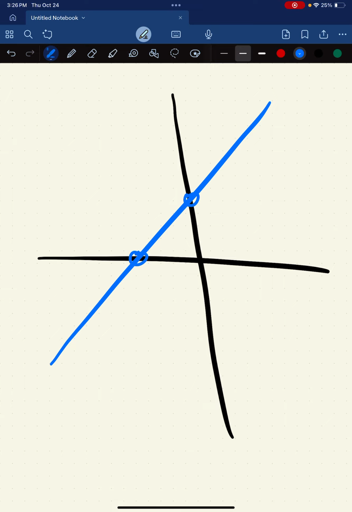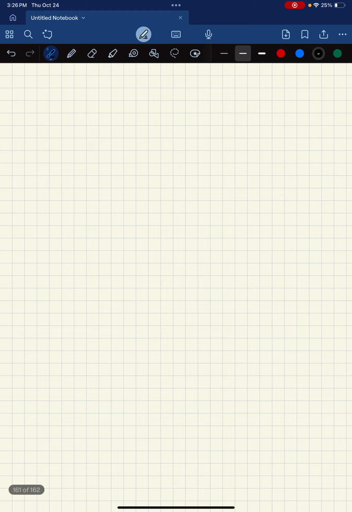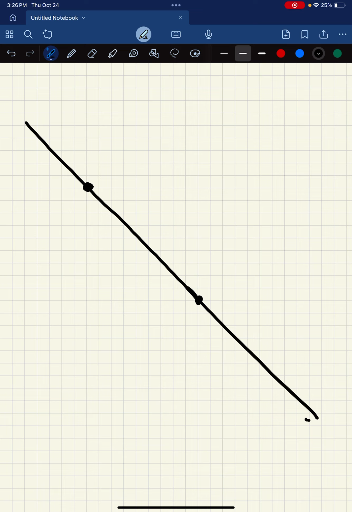And it's very helpful to know that, and you may recall this from geometry if you took it, a line is determined by 2 points. So if you have 2 points, doesn't matter where, let's say there and there, if you had a ruler or any kind of straight edge, you could definitely do a lot better than me, but you could connect them, and there's exactly one line that goes through those 2 points.